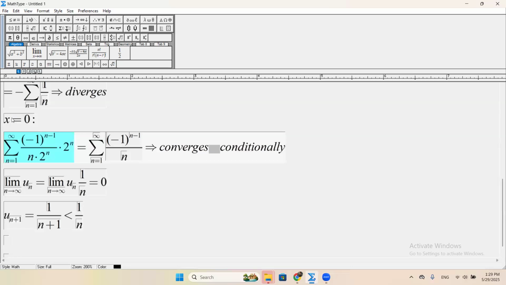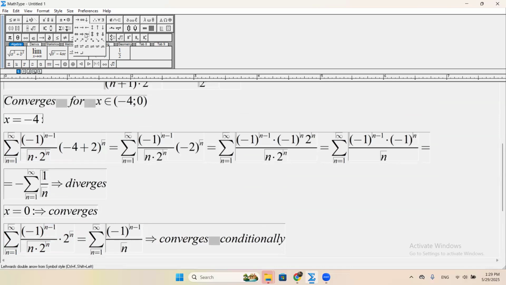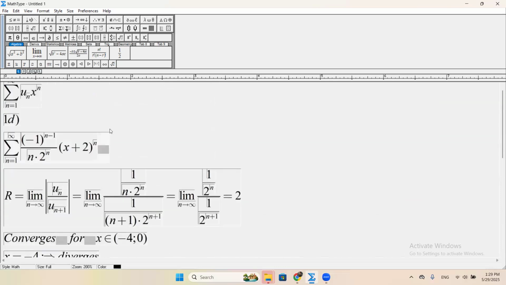So if it converges conditionally, this power series converges at point x equals 0 as well, and for x equals minus 4 it diverges. So the final answer: our initial power series converges from minus 4 exclusively to 0 inclusively.